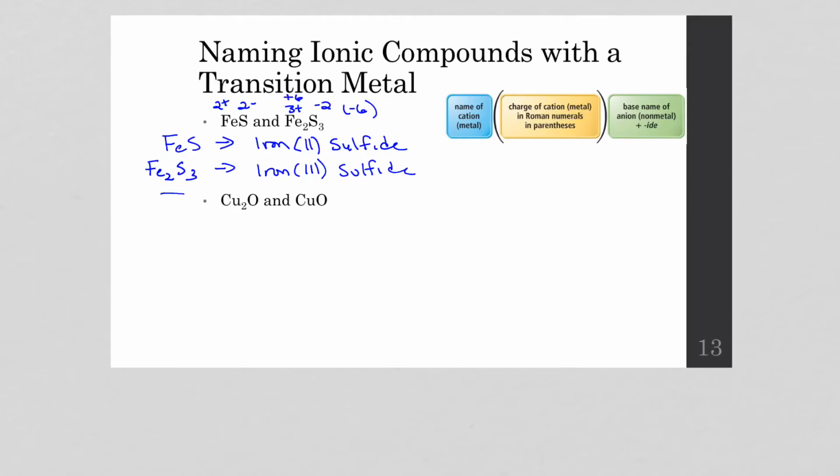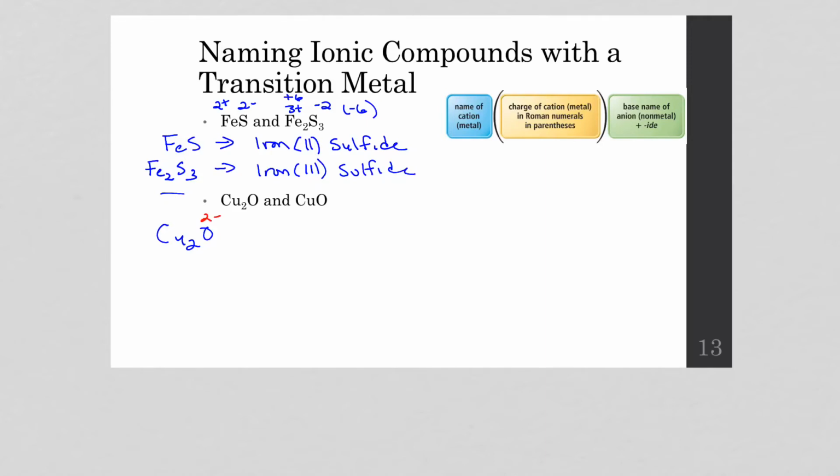So let's do one more example using 2 compounds of copper and oxygen. Our first one, Cu2O. Again, we start with the negative charge, and we know that it's going to be a 2- for oxygen.